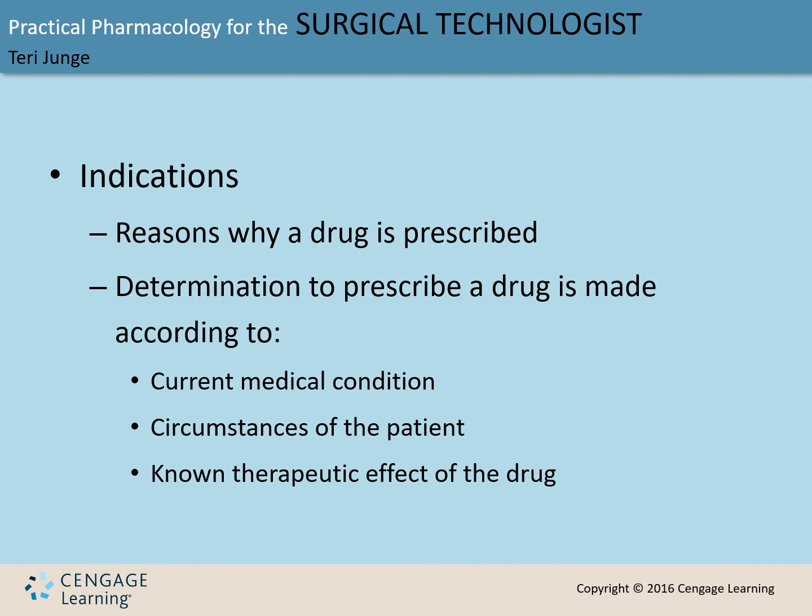Now, this is definitely out of our scope, but just for your information, it could be according to the patient's current medical condition, the circumstances of the patient, and or the known therapeutic effect of the drug.